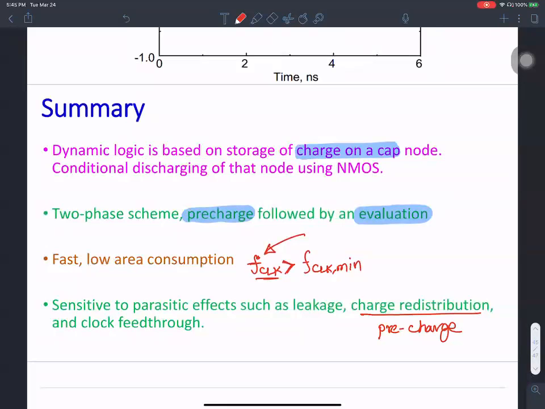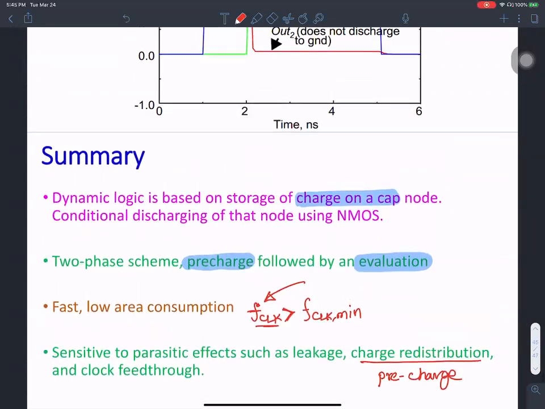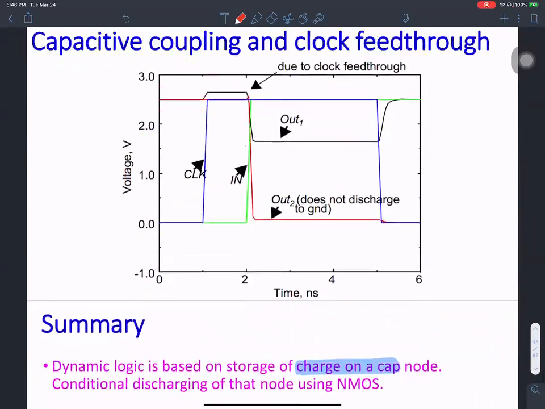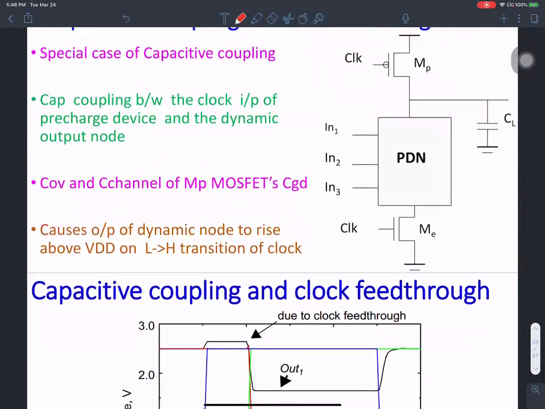Professor, I have a question. In dynamic logic, will the output be similar to the CMOS logic? If we have two NMOS in series, in CMOS logic we get the output as A times B, the whole complement, right?